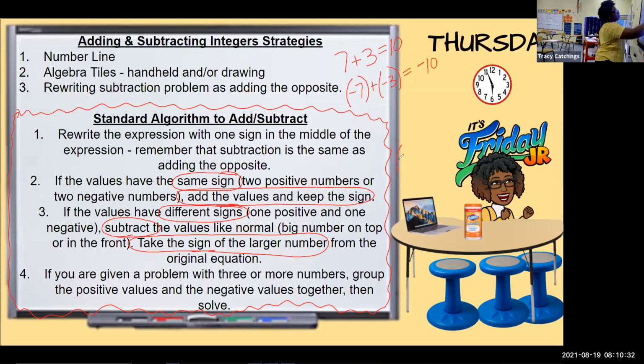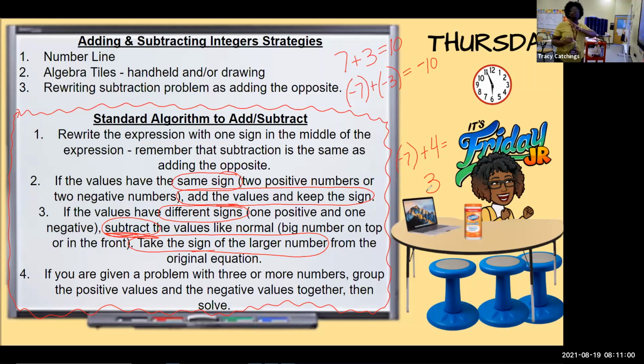Example, if we had -7 plus 4, we can easily look at -7 plus 4 and see that they have two different signs. 7 is negative, 4 is positive. So in the back of my mind, I just need to know that I need to subtract the values. 7 is the largest, so we will put it on top. And then 7 minus 4 would give me 3.